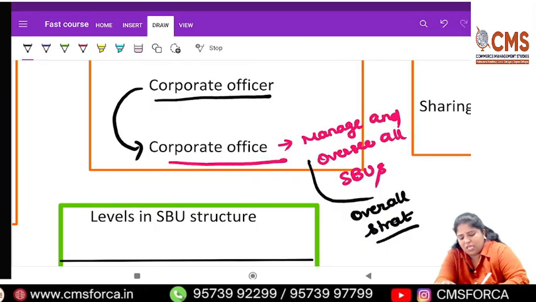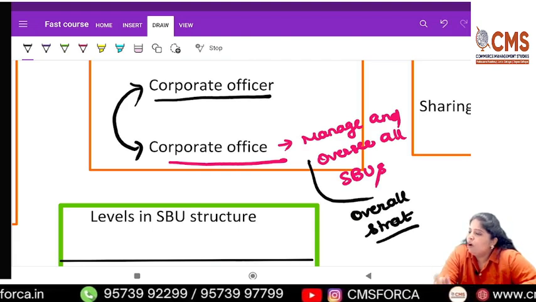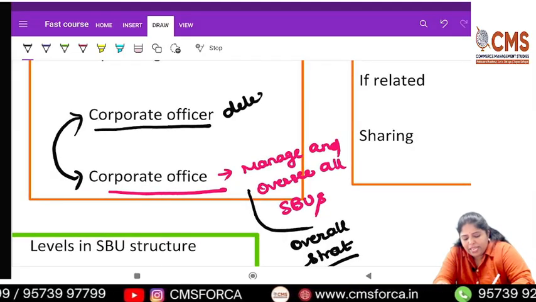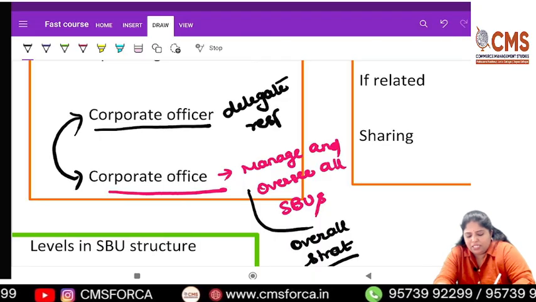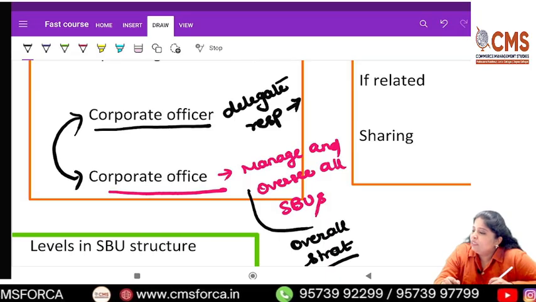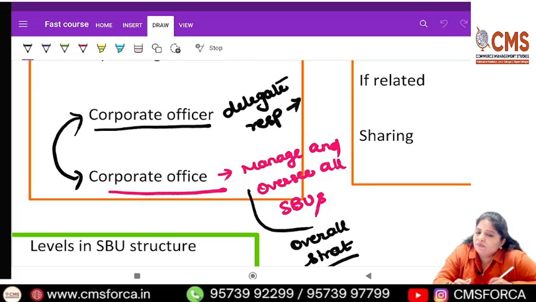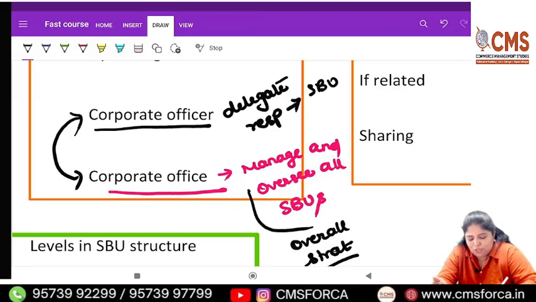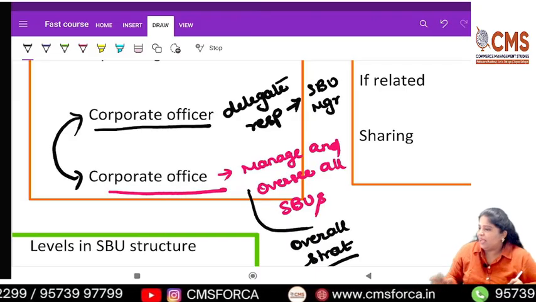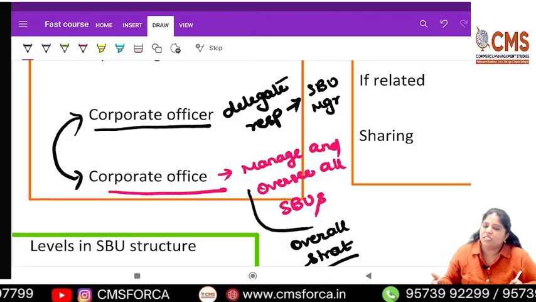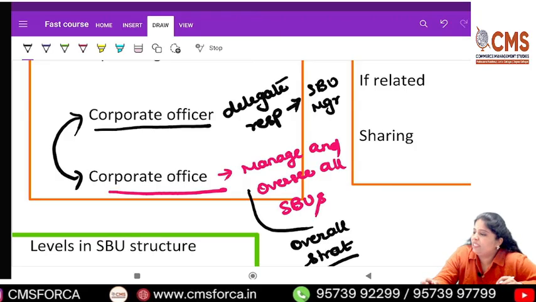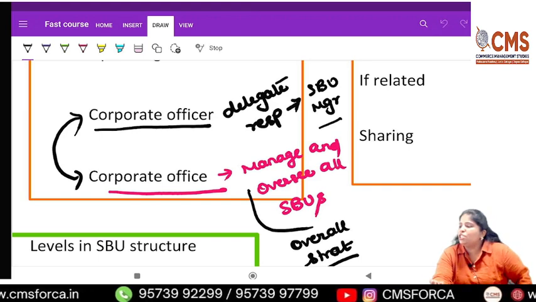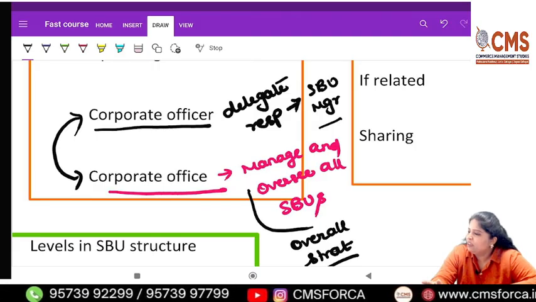The authority of the corporate officer is that they can delegate responsibilities. Can you guess to whom they will delegate? Which manager? The SBU manager. We know that each SBU has its own manager. So corporate officers can delegate responsibilities, tasks and authority to the SBU manager, and all SBU managers function under the control of the corporate officer.